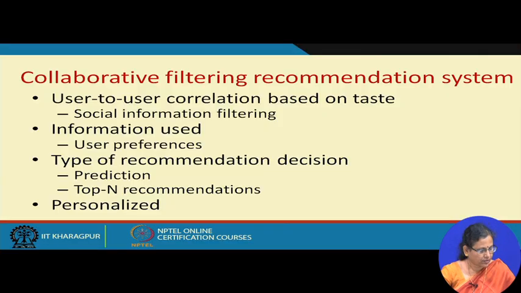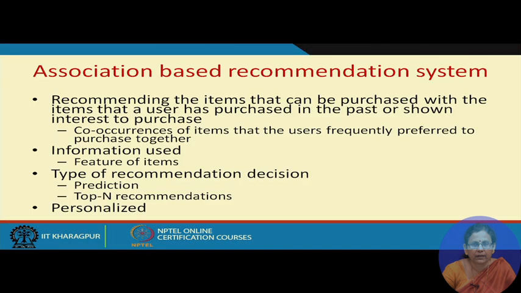It is also personalized. Then you have association based recommender system, in which the idea is to recommend the products which are often purchased together or seen together. I mean, other users in the past has shown interest in purchasing them together or seeing them together at least.